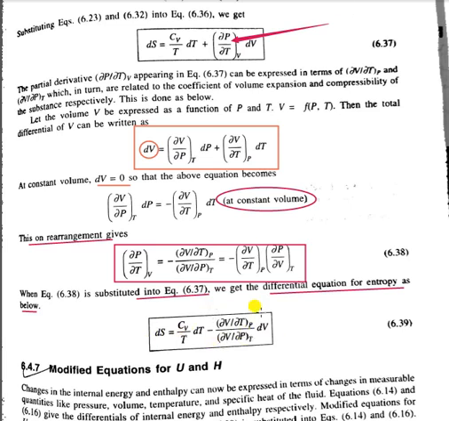So these are the dS is equal to Cv by T dT minus the equation number 6.30, and that is del V by del T at P divided by del V by del P at T, where differential constant is dV.